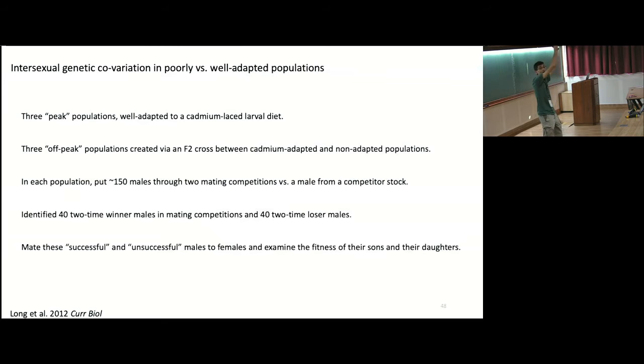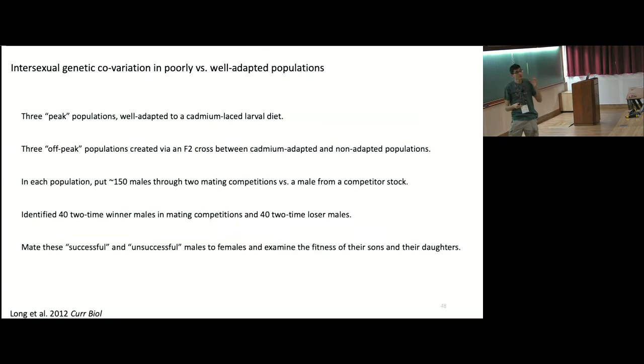So we made this cross, which is essentially pulling the phenotypes away from the optima, and we created an F2 from that population. So it's a very artificial way of moving this population. But we wanted to do it and see what happens.